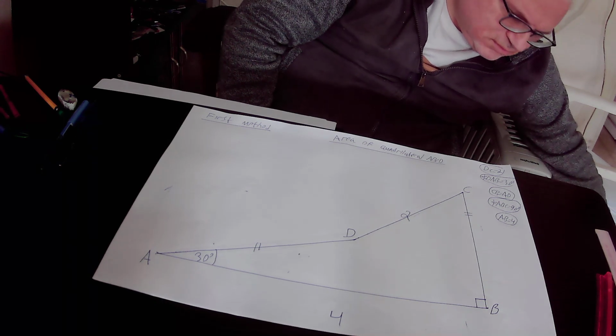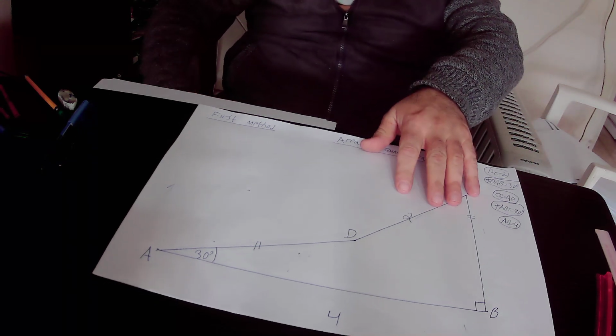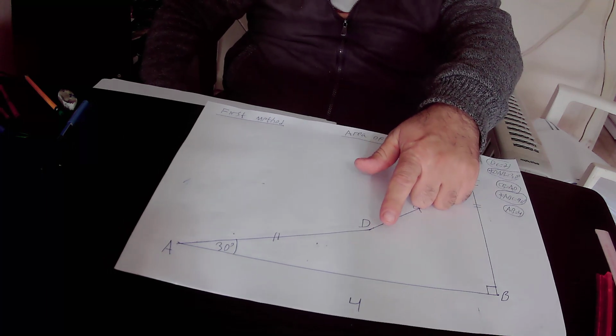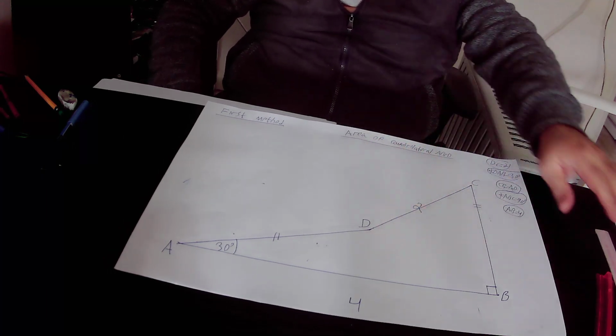In the first method, we will draw a perpendicular from point D to AB.